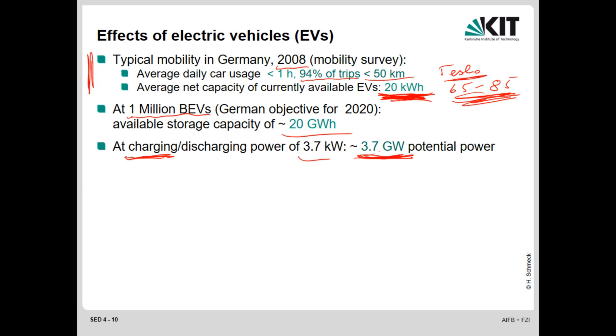In total, if you look at the average distance you travel over a year, and you assume 15,000 kilometers over a year, you would have something like 3,000 kilowatt hours usage of electricity.